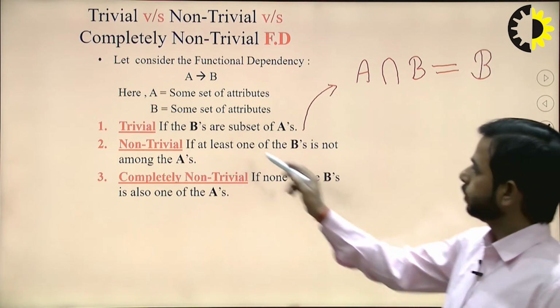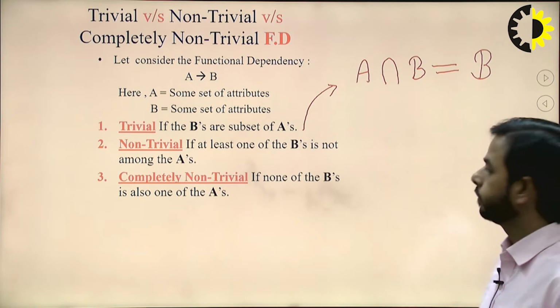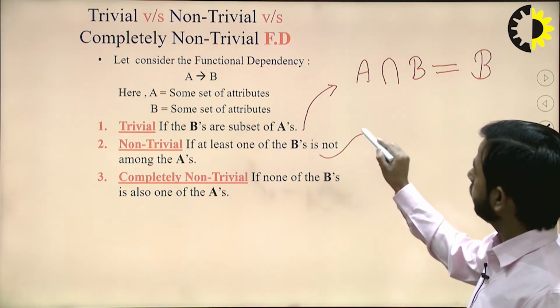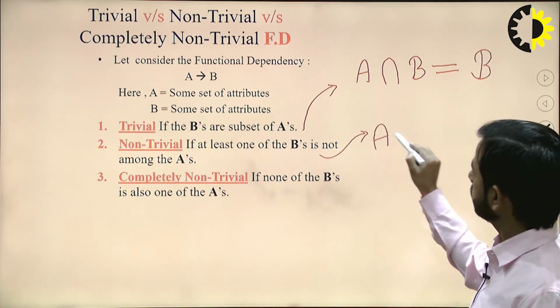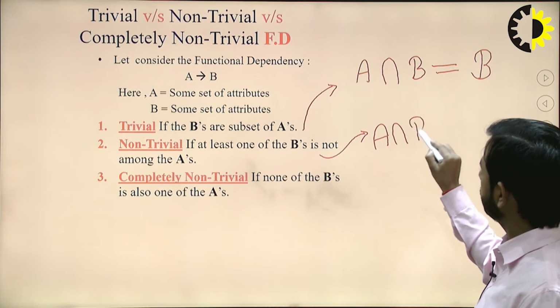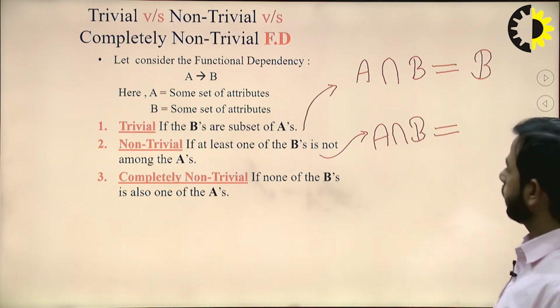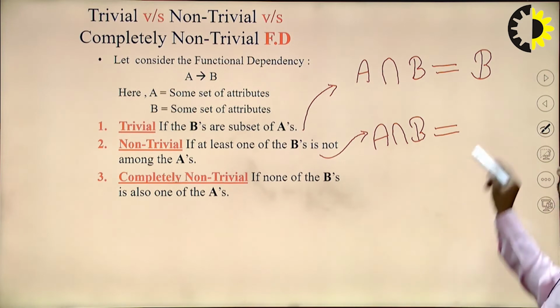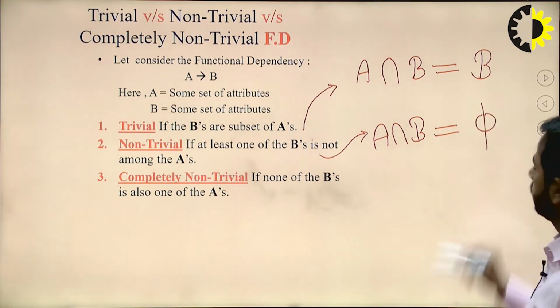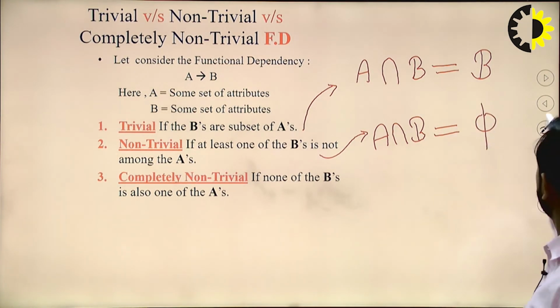So B is a subset of A. In a non-trivial functional dependency, if we take A intersection B, then it is not null. This is the symbol of null, so it is not null.